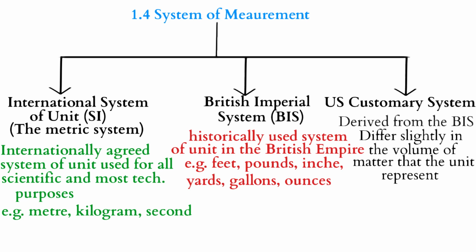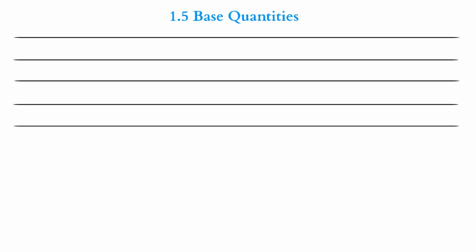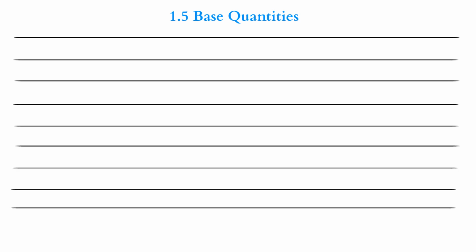And under the SI unit system, 7 base units are defined. And these 7 base units and quantities form one possible minimum set in terms of which all other physical quantities and units may be defined. So as you can see, these are the 7 base quantities, their units, and the symbols of the units.